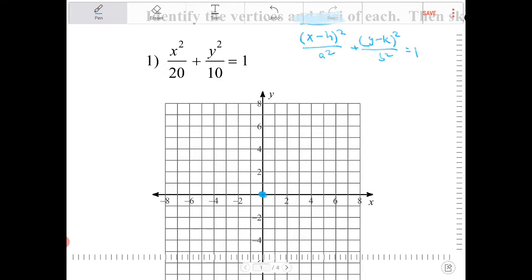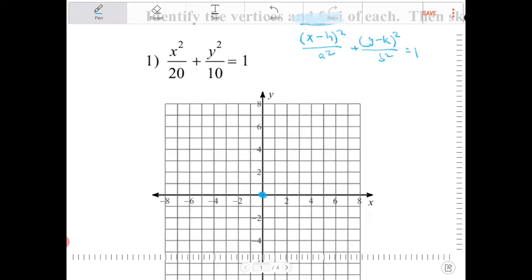So I'm going to strategically find out where the x-intercepts and the y-intercepts are. To find the x-intercepts, the y-coordinate must equal what value? It must equal 0, right? So in order to find the x-intercepts, I'm going to substitute in 0.